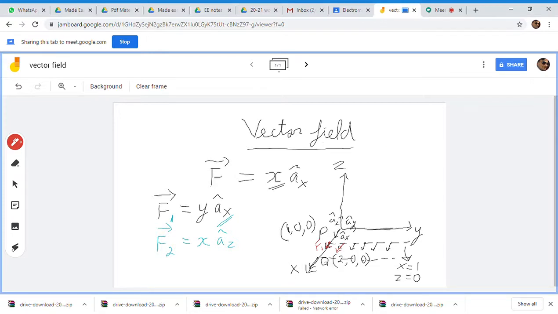Similarly, at higher y coordinate, it will have a bigger magnitude, even bigger from here. So this is your vector field. In the whole space region it will be like this. If you go on the negative side, let us do the negative side as well. So what will it be? It will go in the negative side.